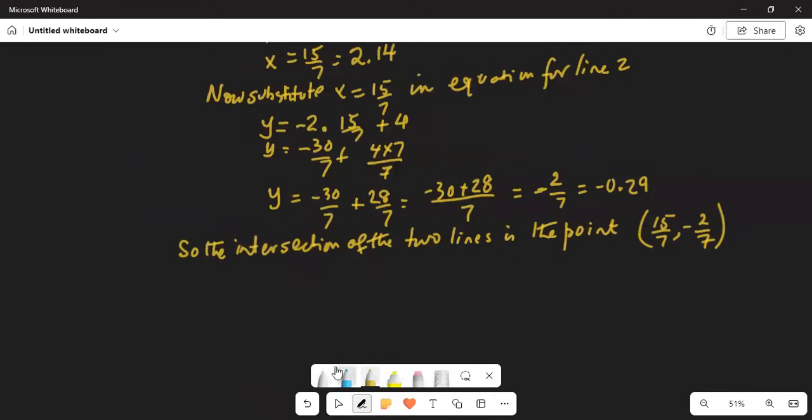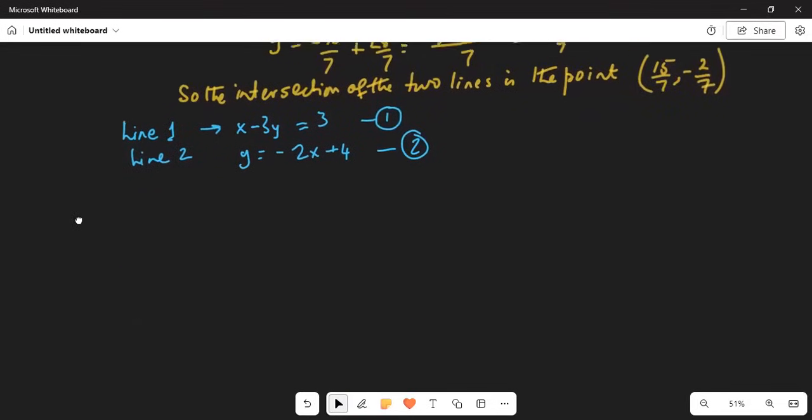Line 1 is x minus 3y equal to 3. This is equation 1. And line 2 is y equal to minus 2x plus 4. This is line 2. Okay.